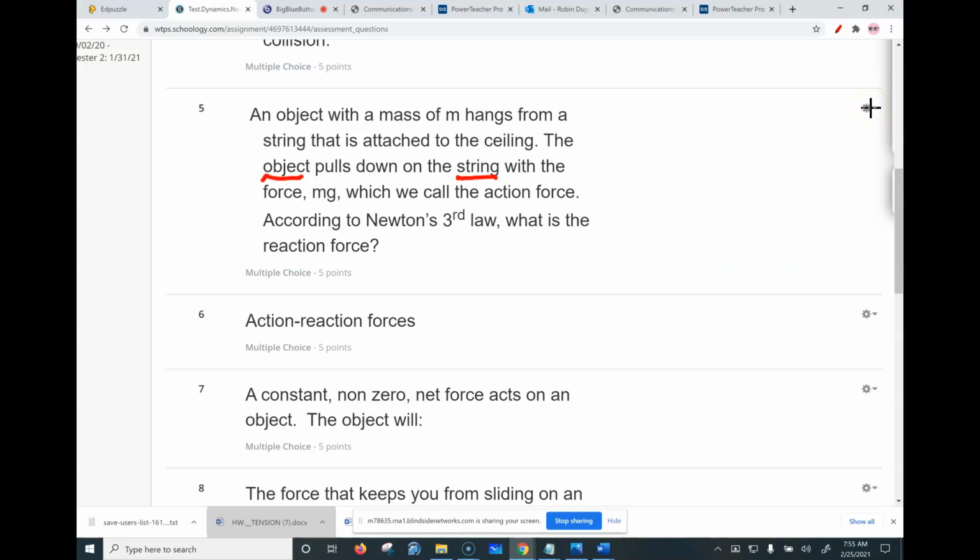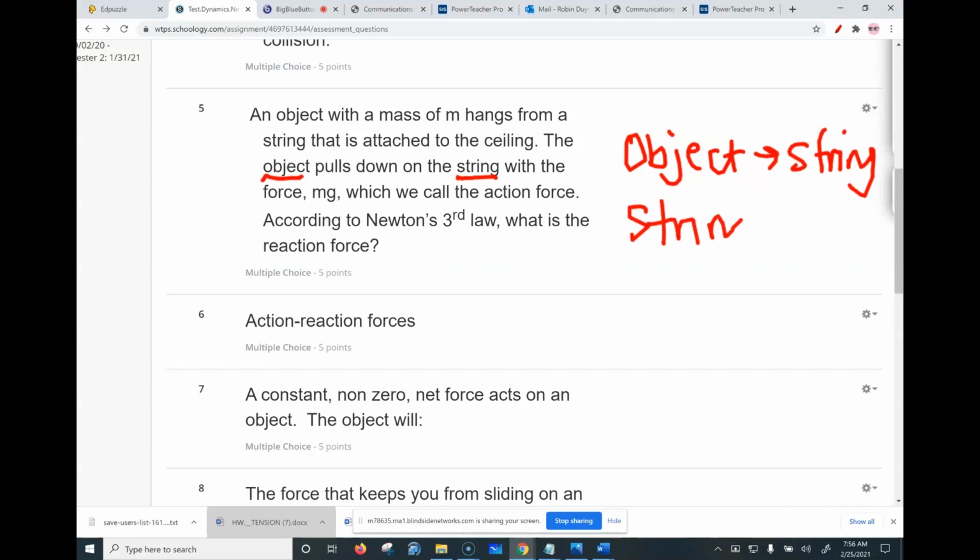Anybody out in virtual world want to join Todd? So the object puts force on the string. Flip it. The string puts an equal and opposite force on the object.